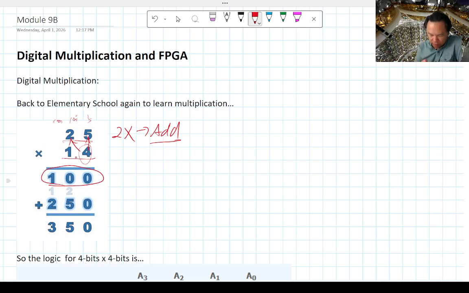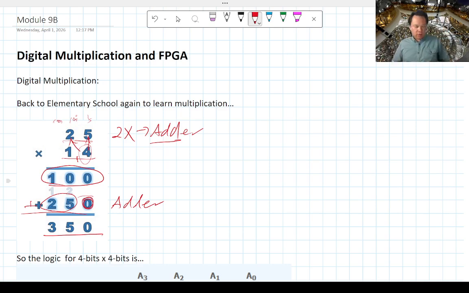Then you move on to the next place. The way you deal with the next place is that you basically just put a 0 right away. This is shifted over. You do 1 times 5 and then 1 times 2, and then you get 25, but then it's shifted over by one place. Finally you add these two numbers together, so you have another adder down here, and then you get 350 as a result.